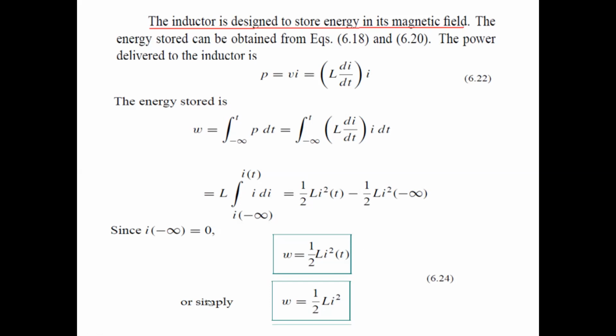Hence, since i at minus infinity is equal to 0, this component comes out to 0, and the energy stored will be equal to half L i square t, and for simplicity, we drop the variable with which the energy is changing. Simply you can write w is equal to half L i square.